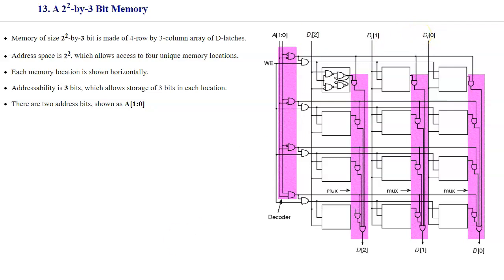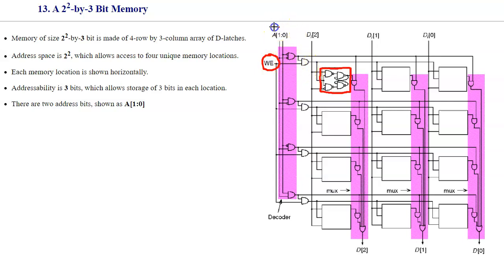You should also recognize that each closed box represents 1 bit of storage for our respective bits in the input, and each one of them is made up of a gated D latch.